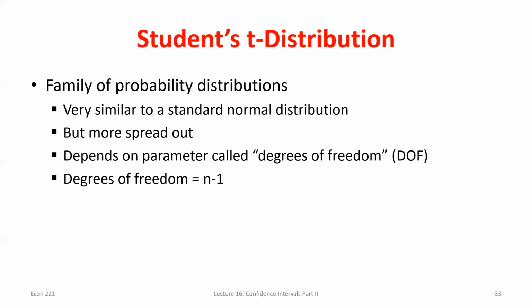So I can't keep using those same z values, because it wouldn't result in me having alpha outside of my confidence interval. It's going to be much larger than alpha. So in order to actually get only 0.025, my t value is going to have to be greater than the values I was using for my standard normal.